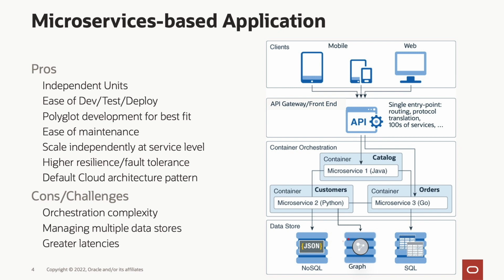Because there are so many microservices, now there is orchestration complexity. How do you make sure that these services are talking to each other in a proper way? And now you have to manage multiple data stores. And of course, there's greater latency because of the REST API. All these services are talking to each other over the network rather than in-process communication.